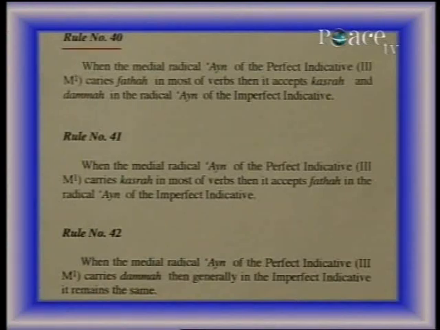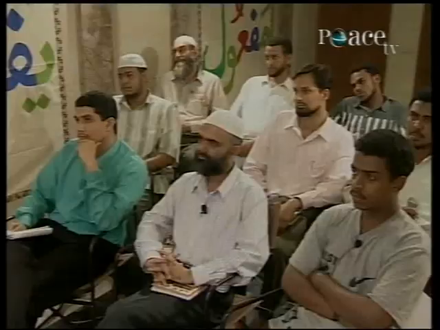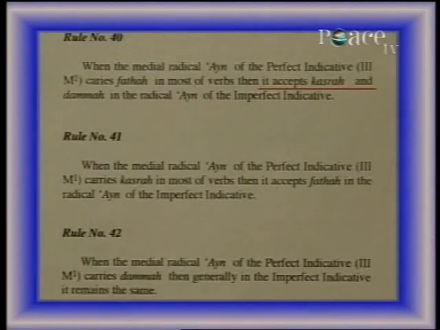Rule number 40. When the medial radical ayn of the perfect indicative 3M1 carries fatha in most verbs, then it accepts kasra or dhamma in the medial ayn of the imperfect indicative. Rule number 41.